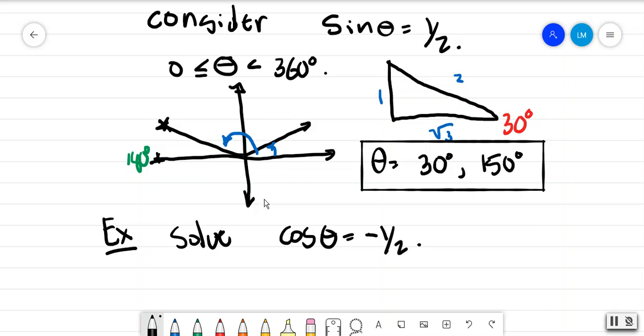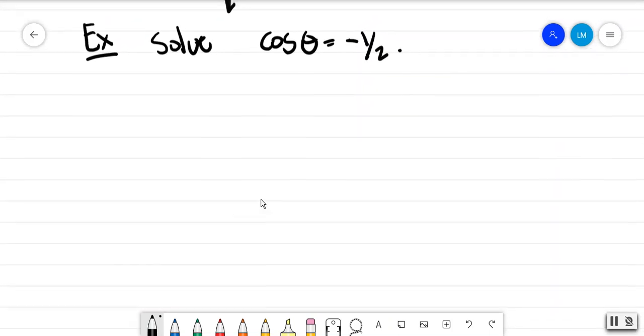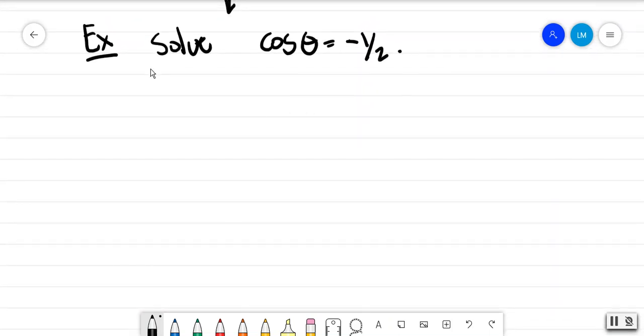Okay, now since I already have the triangle written down, we can do that, but it helps to draw it every so often. That way you don't forget it.